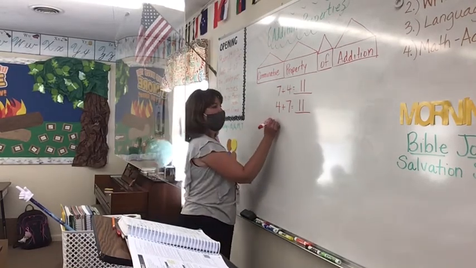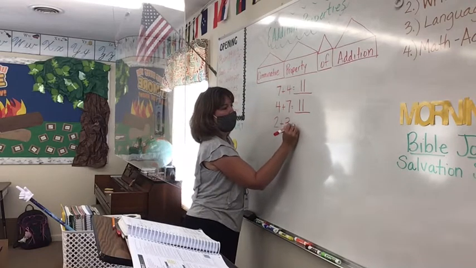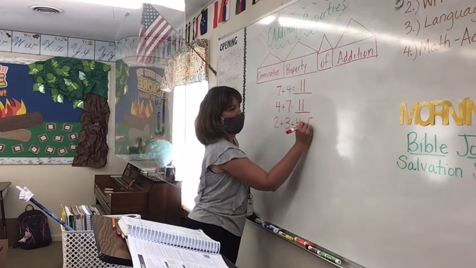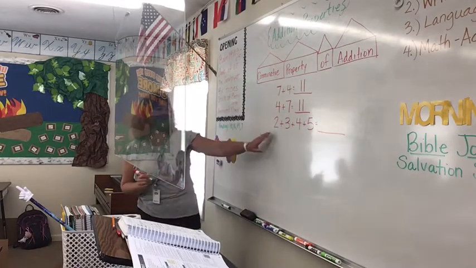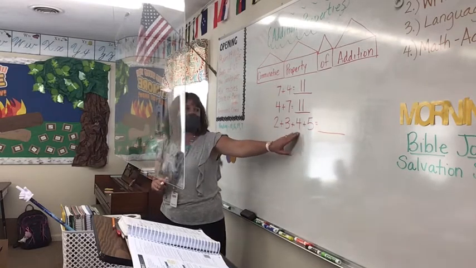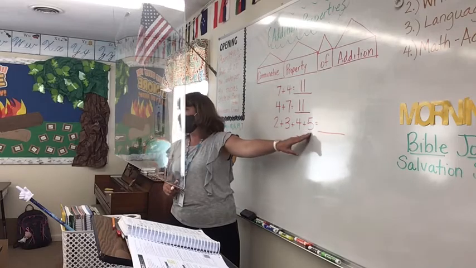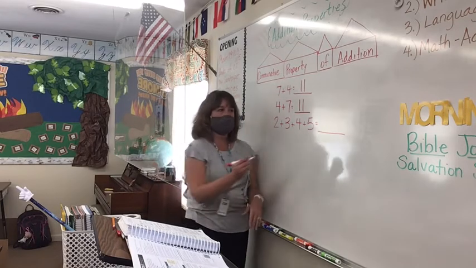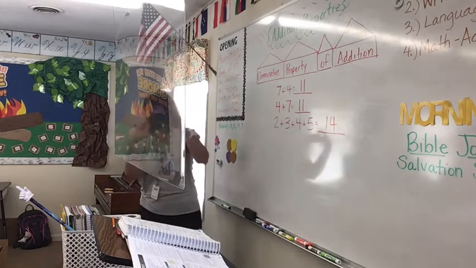So let's say we do 2 plus 3 plus 4 plus 5. 2 plus 3 is 5, 5 plus 4 is 9, and 9 plus 5 is 14. Now I'm going to scramble my numbers up.